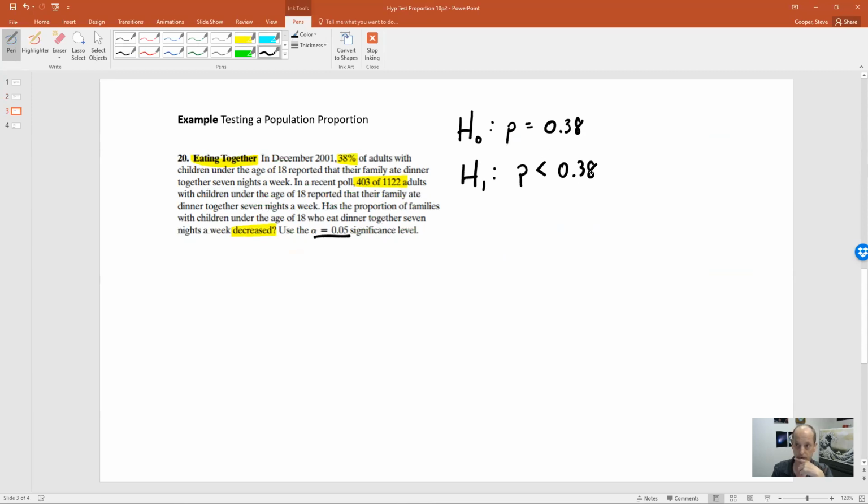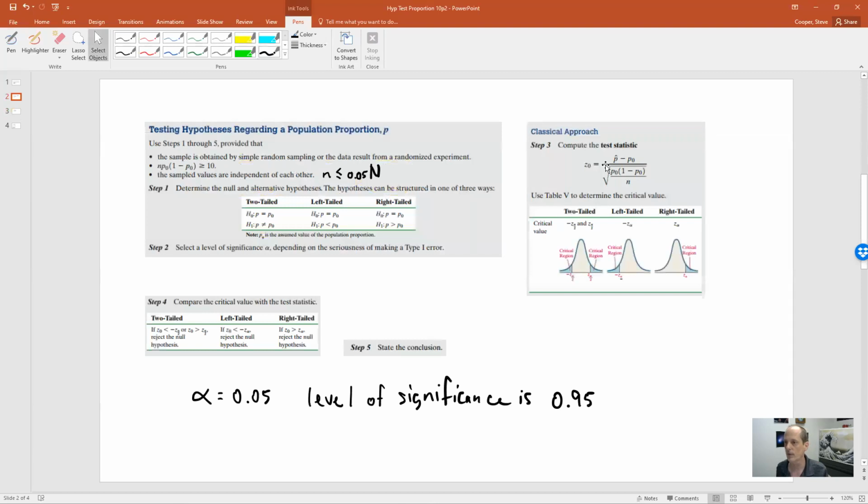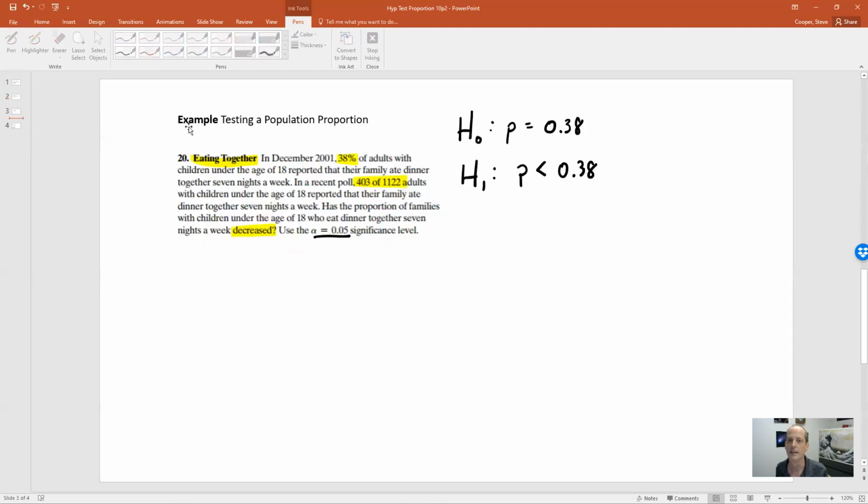Now we think, is it less than this? And we need, if you look back at our formula, this p hat from somewhere. We've got p naught, and we've got n.